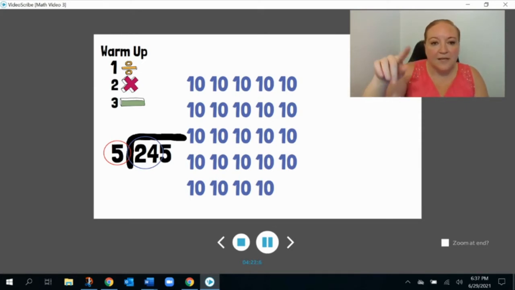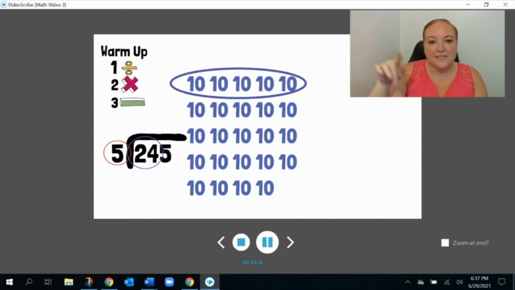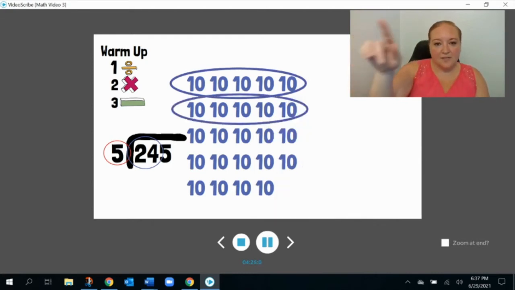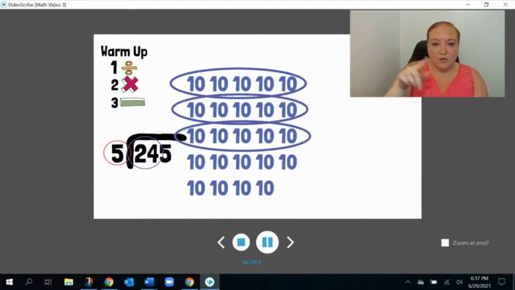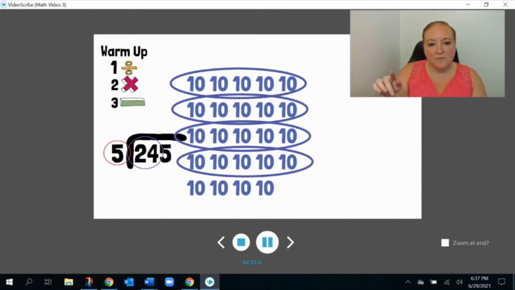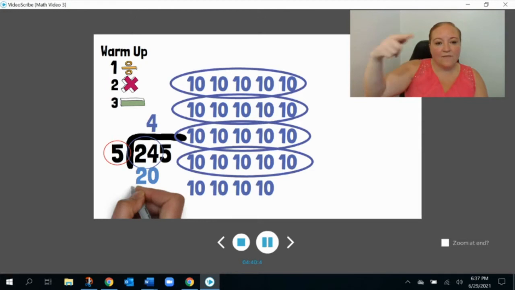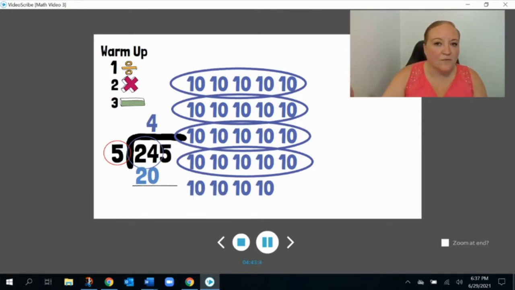So if we were counting, it'd be 10, 20, 30, 40, 50, 60, 70, 80, right? So yeah, there's 1 group of 50, 2 groups of 50, 3 groups of 50, and 4 groups of 50, which equals 200. Okay, and when we're looking at this, we're thinking, how many times does 5 go into 24?